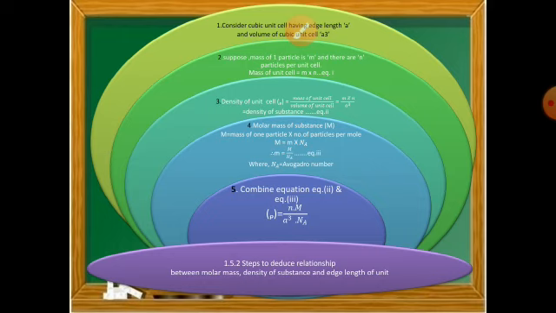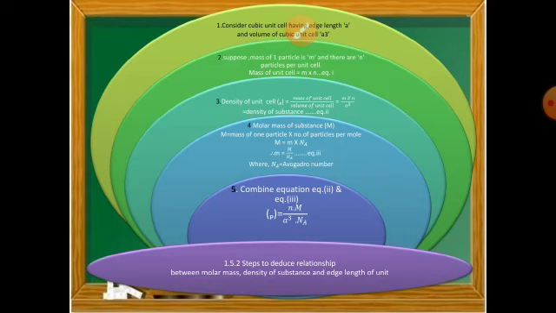How we will find out or derive the relation between molar mass, density of substance and the edge length of the unit cell: you have to write these 5 steps. Sometimes the question can directly ask to derive rho is equal to small n into capital M upon a cube into Na. That time also you have to write the same 5 steps.